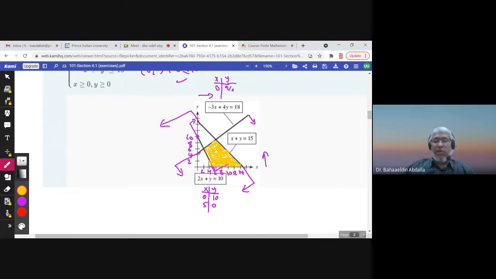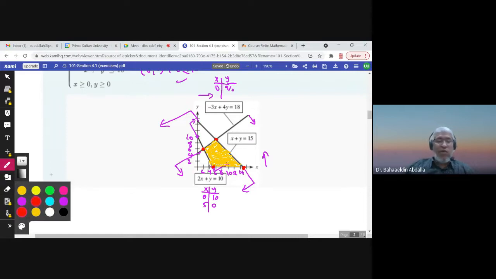So let us check again that this region is the solution region. It is below this line, to the left of this line, to the right of this line, and above the x-axis. So that's the region. And these are the corner points of this region. We have 4 corner points.